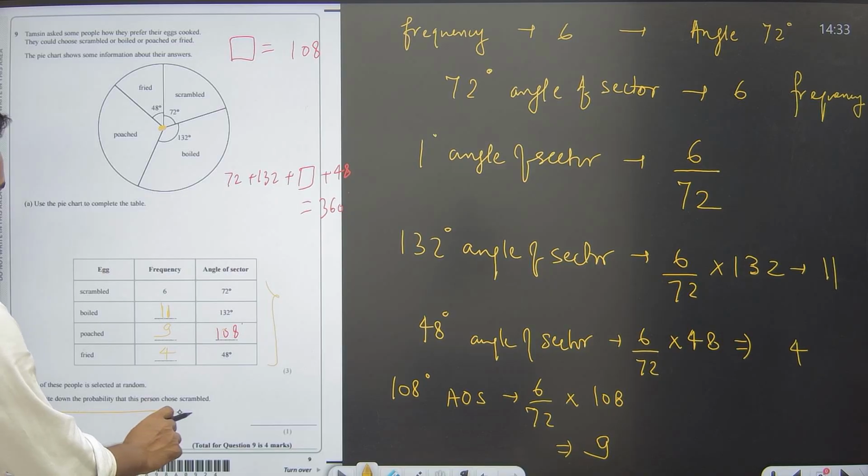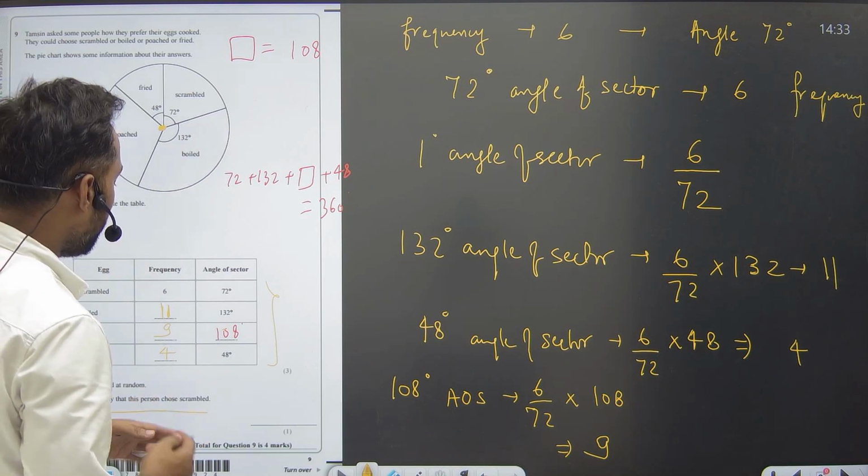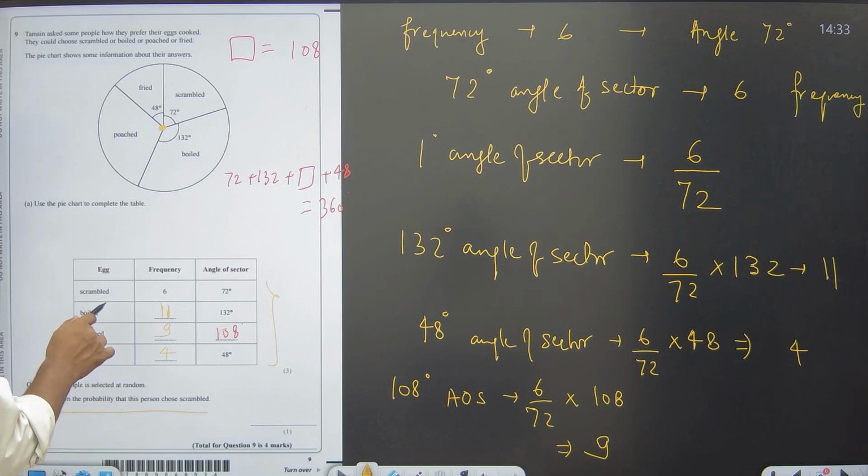Write down the probability that this person chooses scrambled eggs. For probability we know, what is probability, students?